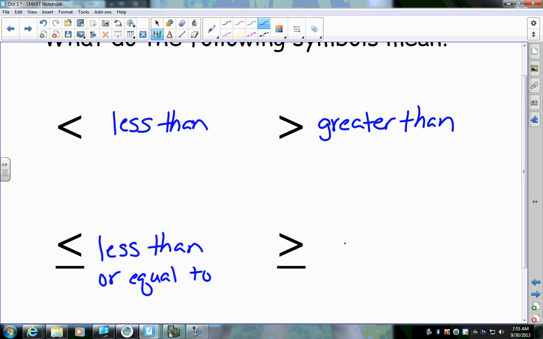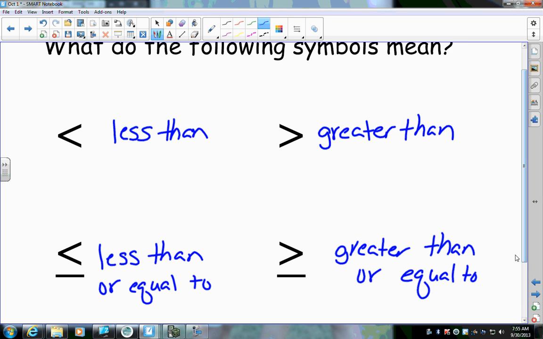Right here, greater than or equal to. We should know these symbols. I believe that's all there is on there.